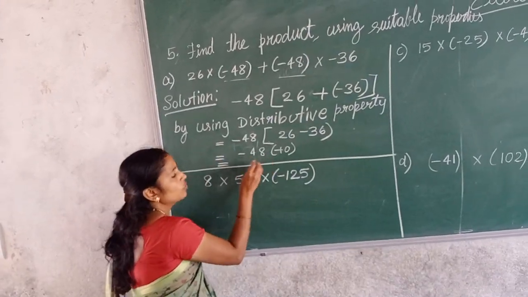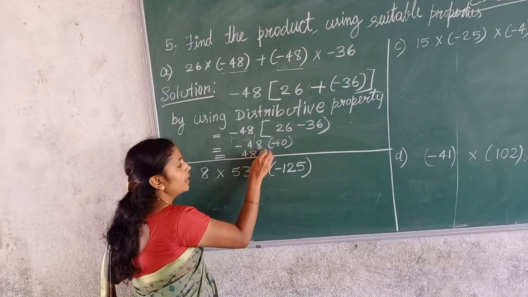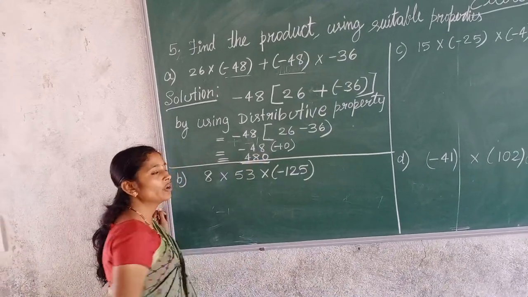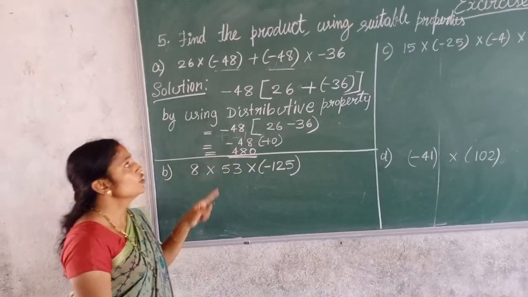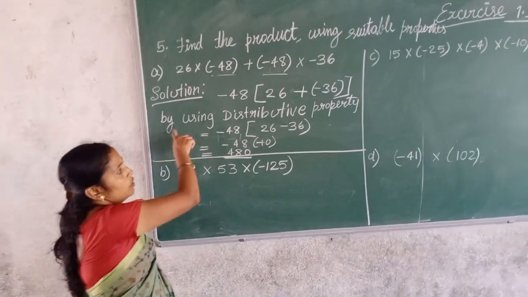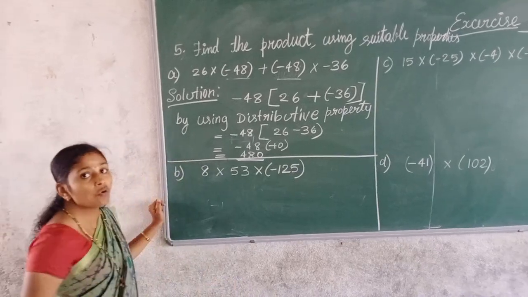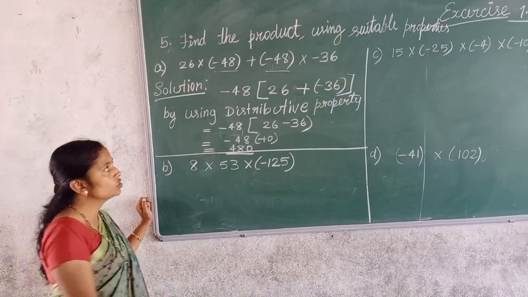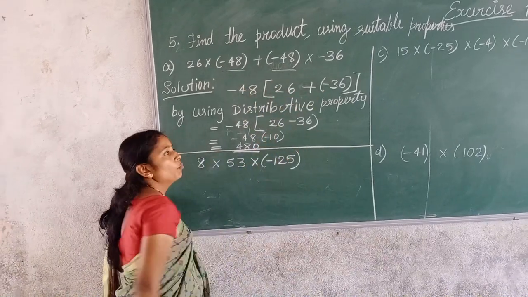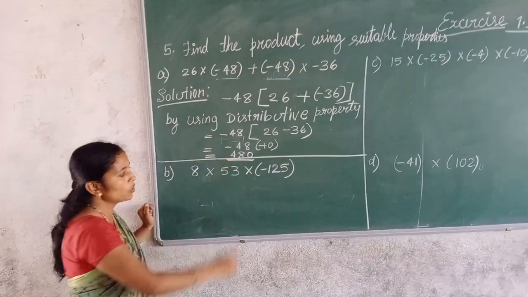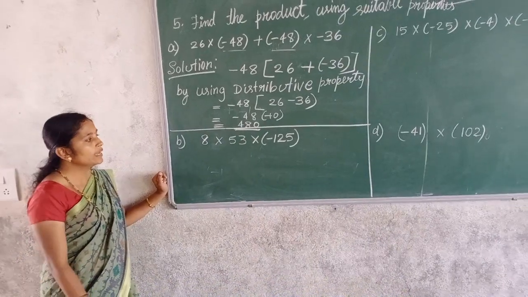So you are going to get 480. Then minus minus become plus. By using which property have you done this? By using the distributive property. How do you know it is the distributive property? Because 48 is repeated in both. Now we have found the product, that is 480.